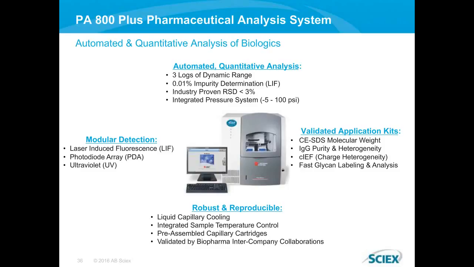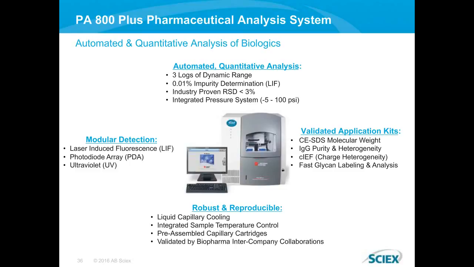On the right, you see all of the validated application kits. So CE-SDS for either molecular weight or IgG purity, the CEIF, and the upcoming fast glycan labeling analysis kit. And obviously, there's a number of instrument features that make it robust and reproducible: liquid capillary cooling, sample temperature control, the pre-assembled capillary cartridges that we talked about, and those biopharma intercompany collaborations that really prove that this thing actually works as advertised.